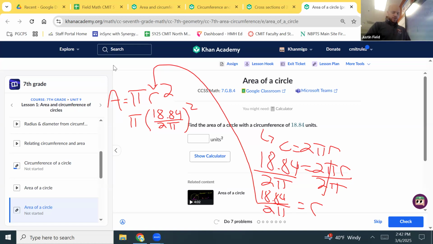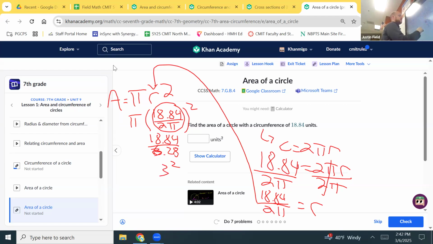So I'm going to use 3.14, because when you divide 18.84 by 6.28, you get 3.